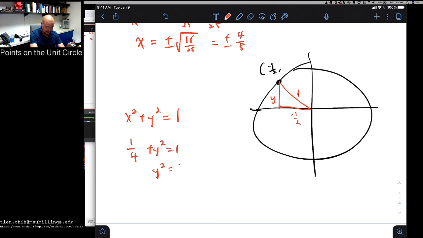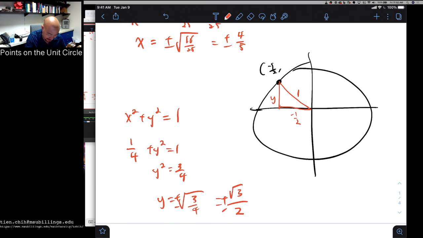So y squared is 3/4, and y itself is the square root of 3/4, which I'm personally okay leaving like that, but it may be easier to rewrite as square root of 3 over 2, right? Plus or minus, right?